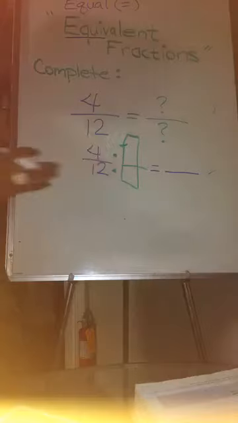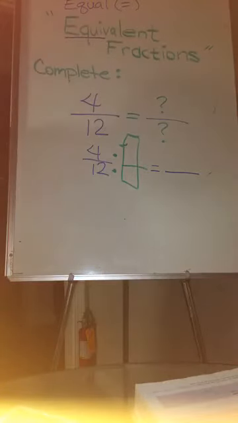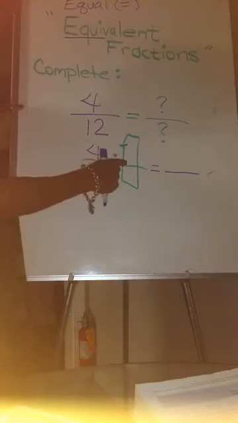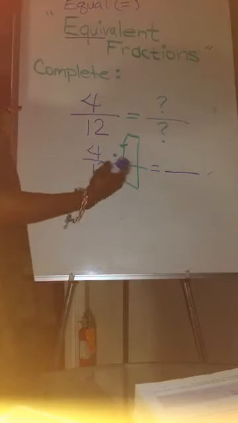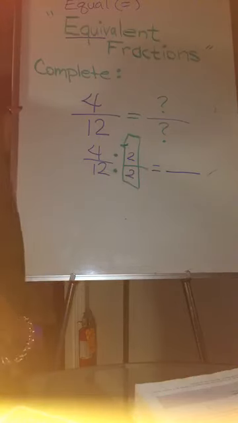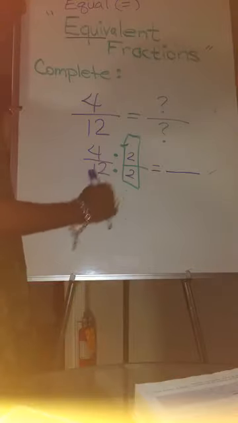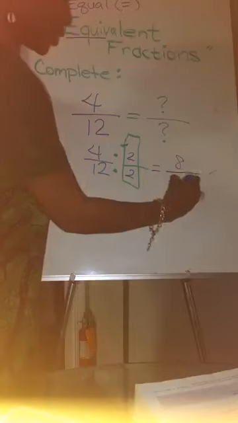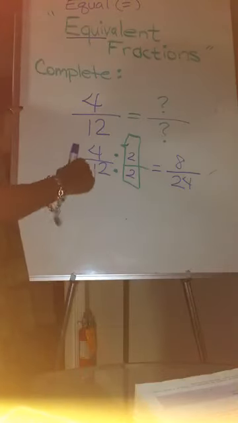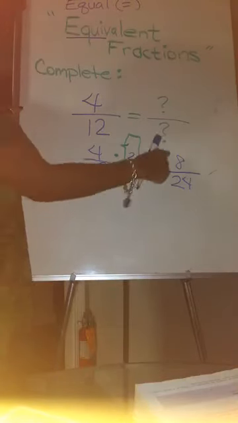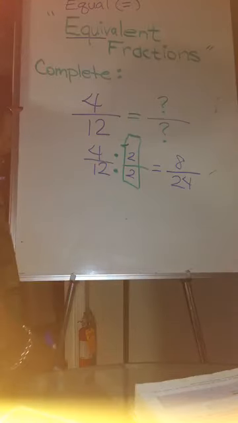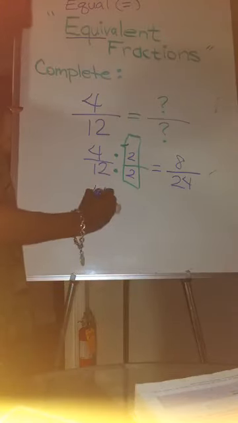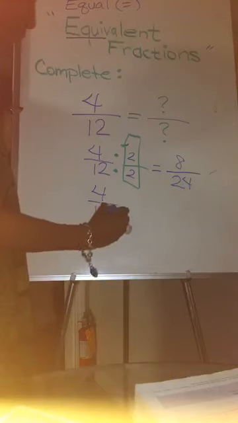So what multiplication factor do we want to use? If we use 2 here, we must use a 2 here. So 4 times 2 is 8. 12 times 2 is 24. So 4/12 is equivalent to 8/24. All right, let's try another multiplication factor.